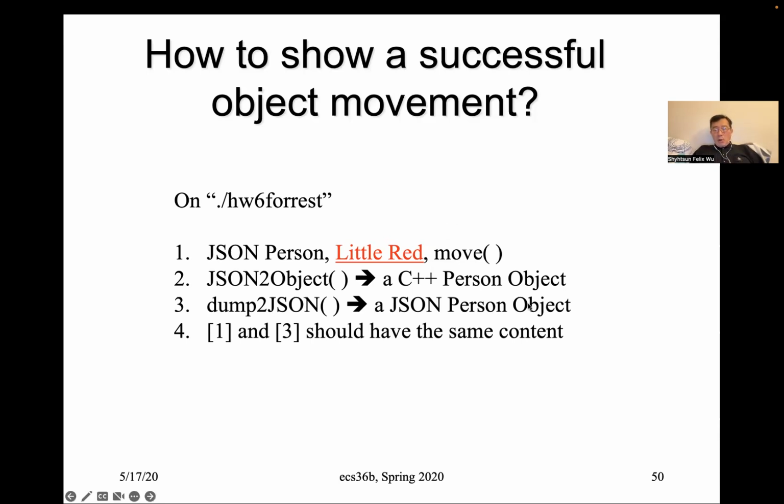Then you print two JSON outputs representing little red, and visually we can see they're the same thing. Then your program is correct. Okay, that's how your TA is going to grade your homework assignment number 5.